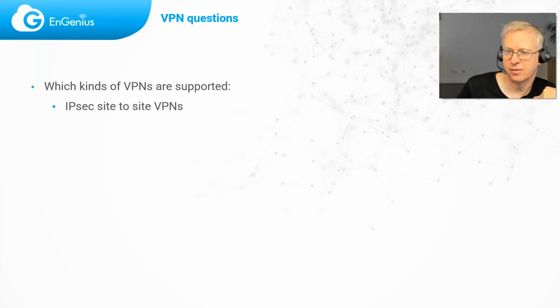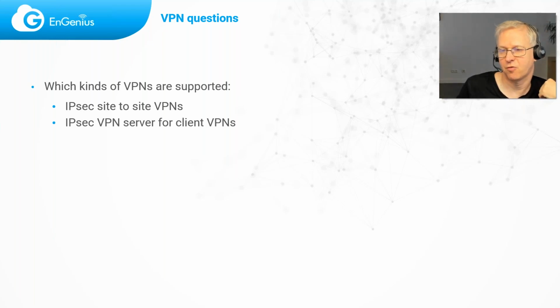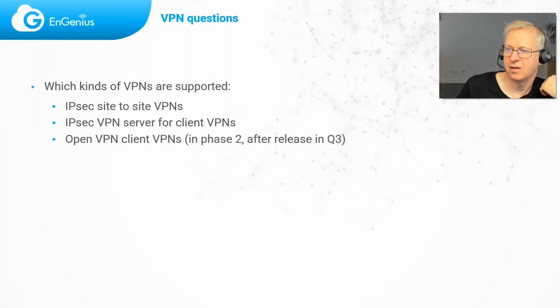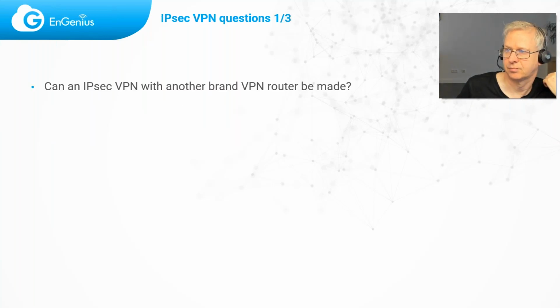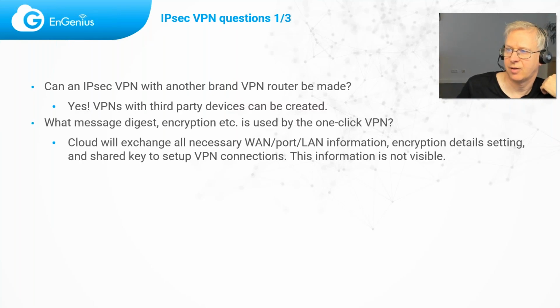Kinds of VPN supported: IPsec VPN, site-to-site VPNs, IPsec VPN server for IPsec clients, OpenVPN clients in the future. And yes, we can make it work with others. Well, for what message digest, encryption, etc. is used for the one-click VPN, I didn't get a clear answer about that, but it's all up to the cloud.